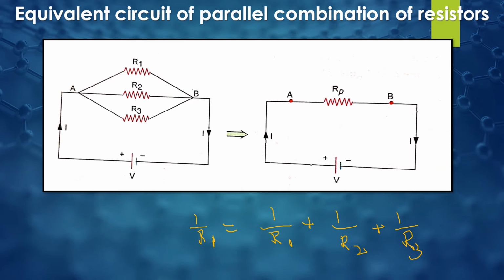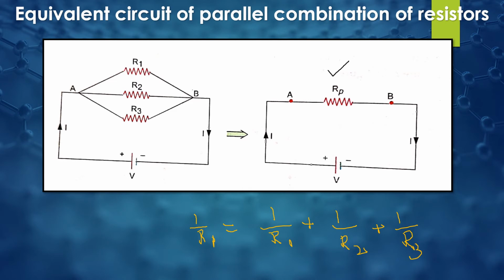The equivalent circuit of a parallel combination of three resistances is shown here. So you can see the equivalent circuit of the parallel combination of three resistances, which says 1 by Rp equals 1 by R1 plus 1 by R2 plus 1 by R3.